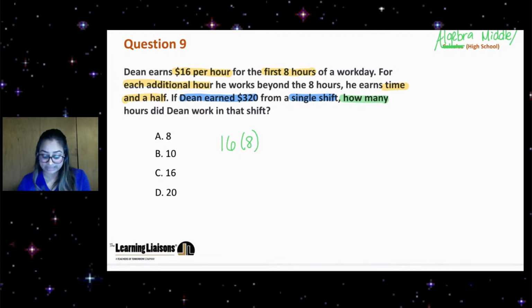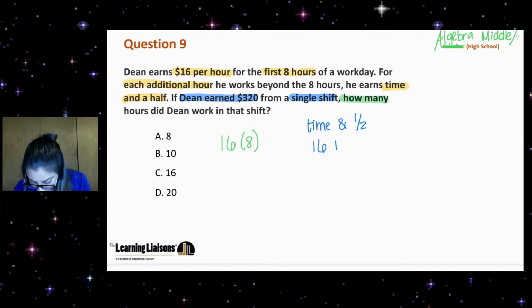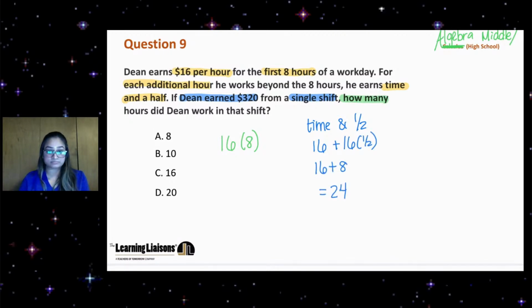I know that he gets time and a half for any additional hours. Well, what is time and a half? Time and a half is what he makes, the time, 16 per hour, and half of that. So 16 plus 8. So for time and a half, he's making $24 an hour.